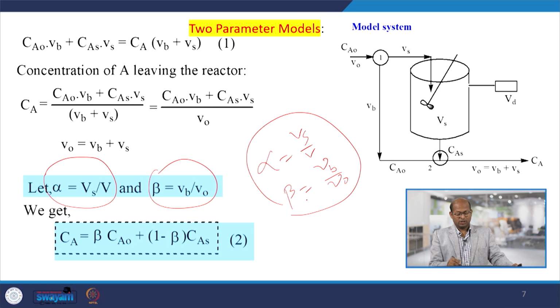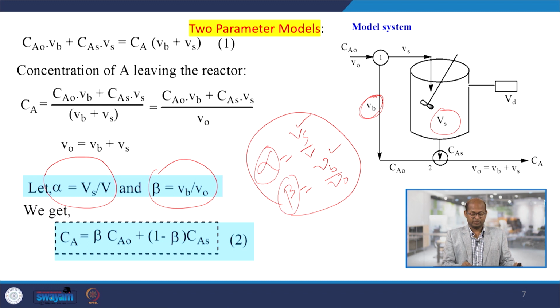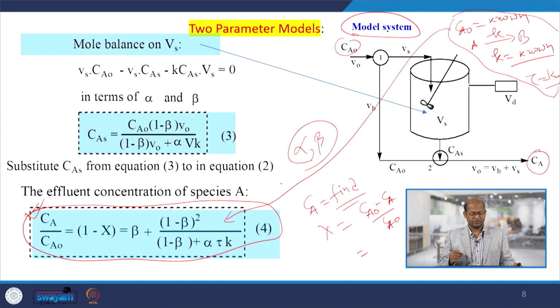Once we know Vs and Vb, that is, the system volume and bypass volumetric flow rate, we can find alpha and beta, substitute them in equation 4, and easily predict conversion using our two parameter models.